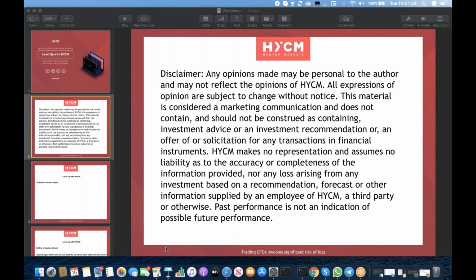So it isn't a trading signal service where I say buy this pair, sell that currency pair, and do this and do that. Instead, the whole idea is about education, to show you the tools you need in order to make your own decisions. So that's the situation with the workshop if you're just joining us for the first time.